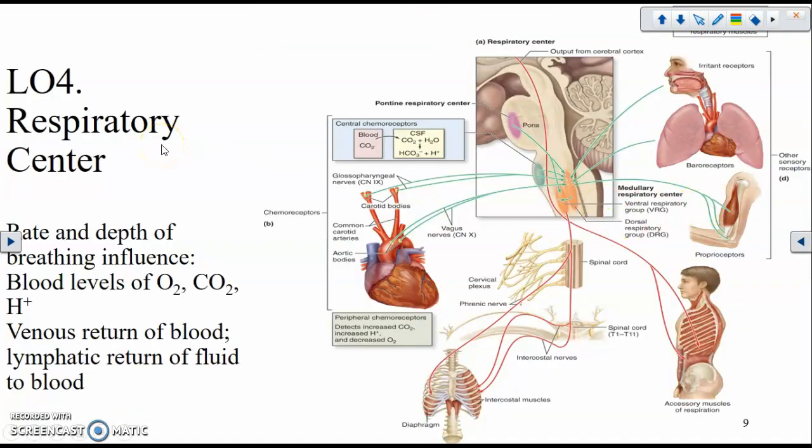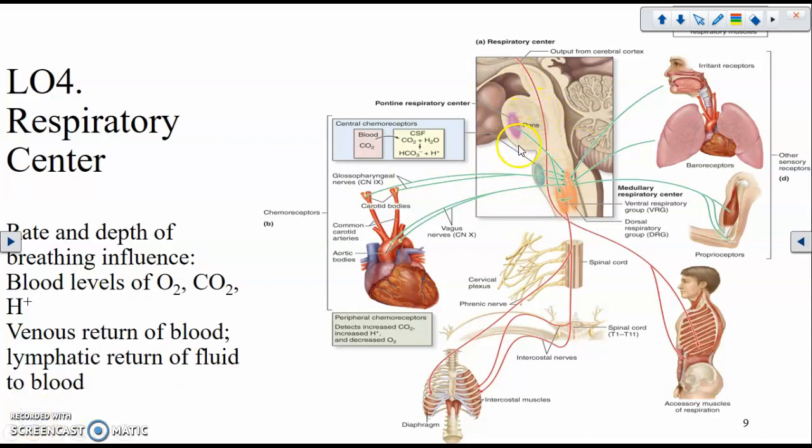Now, obviously, there has to be a mechanism controlling respirations, and that is controlled by the nervous system. In this diagram, two regions are shown to you: the pons of the brainstem and the medulla oblongata.